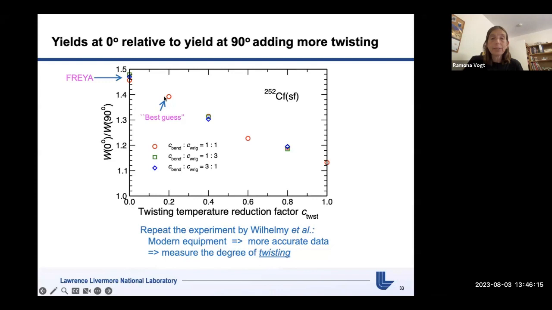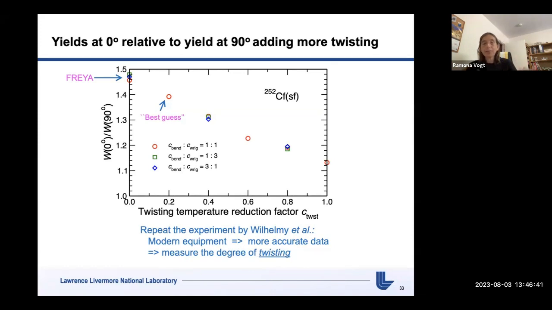And if you go from 0 to 1, this is totally theoretical, of course, but then you can see that you have a steady decrease in what's called the angular anisotropy. And it would be really cool to reproduce what's called a classic experiment by Jerry Wilhelmy from the 1970s with more modern equipment and more accurate data.